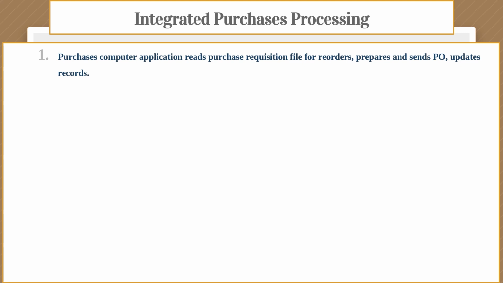Here, let's look in more detail at the integrated purchase processing, looking into the automated process or the manual one. Starting with purchases, the computer application reads the purchase requisition file for reordering, prepares and sends the purchase order, and then updates the record.